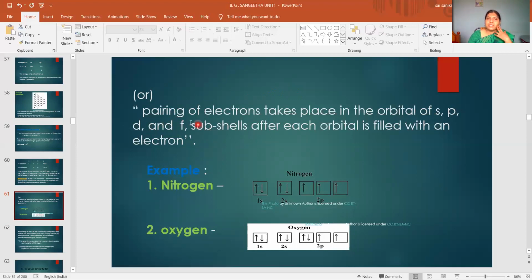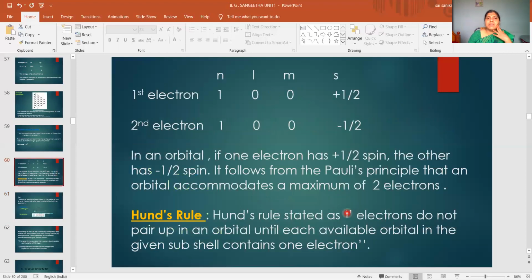So how does pairing start? Pairing of electrons takes place in the orbitals after each orbital is filled with one electron. So each orbital should receive at least one electron, then only will pairing start. Here you see these statements: electrons do not pair up in an orbital until each available orbital in the given subshell contains one electron.